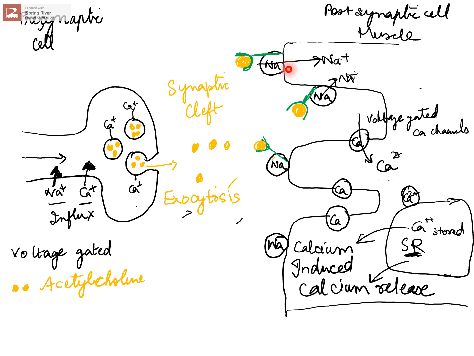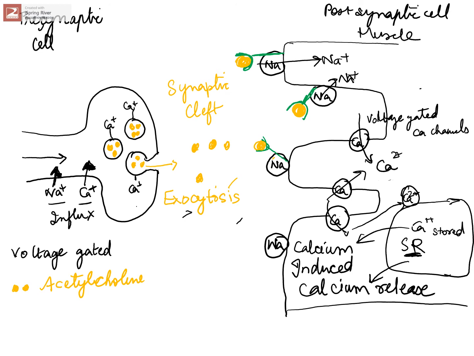There's an influx of sodium ions into the muscle cell, which disturbs the electrical activity inside the cell. This activates voltage-gated calcium channels and causes an influx of calcium ions into the muscle cell. And this influx of calcium ions then activates the sarcoplasmic reticulum.